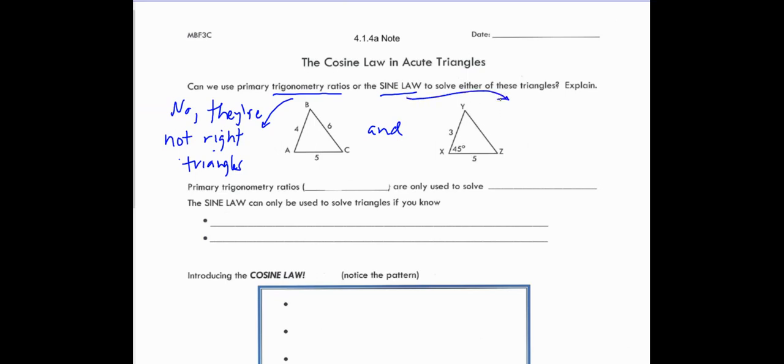So in these cases, not enough information is given for sine law. For example, we don't have any pairs of angle and side.